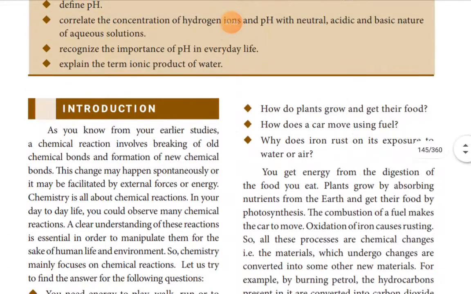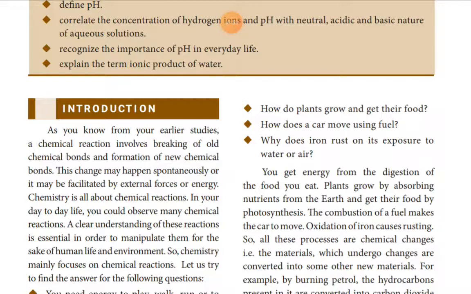Then next question, how do plants grow and get their food? Plants grow by absorbing water and nutrients from the earth using the process of osmosis, and they prepare food by photosynthesis, by synthesizing carbon dioxide and water in the presence of sunlight.